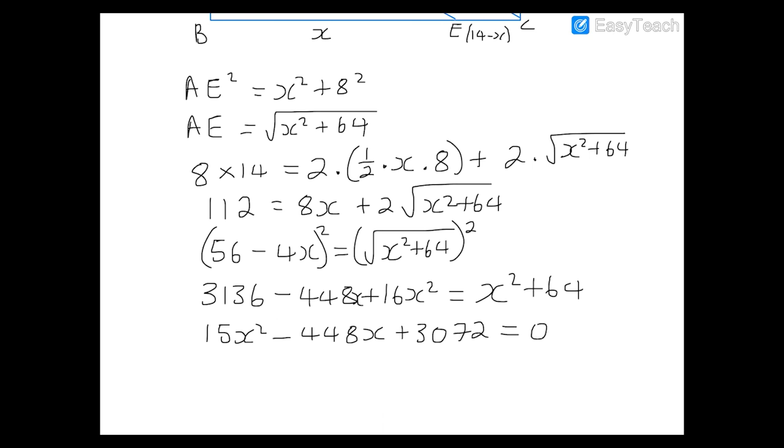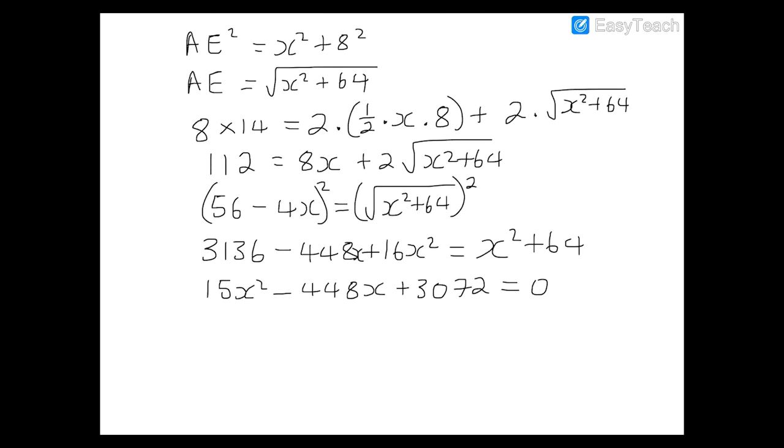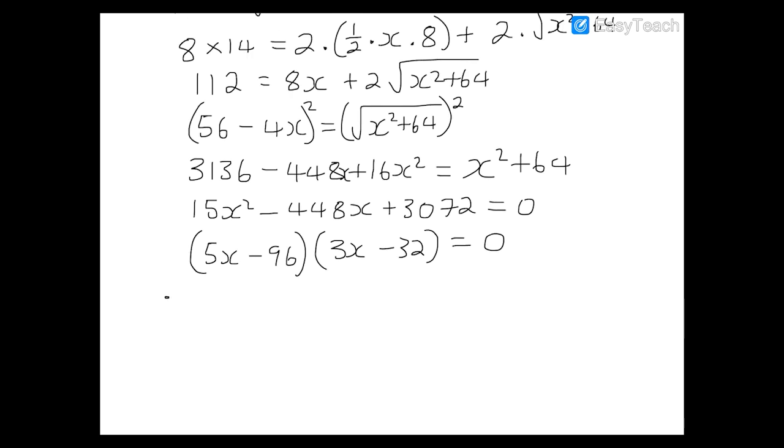From here we can either use the quadratic formula or factorize. We'll choose to factorize, and our factors are 5x minus 96 and 3x minus 32. Therefore x will be equal to 96 over 5, or x will be equal to 32 over 3.